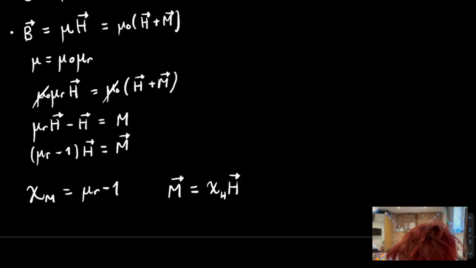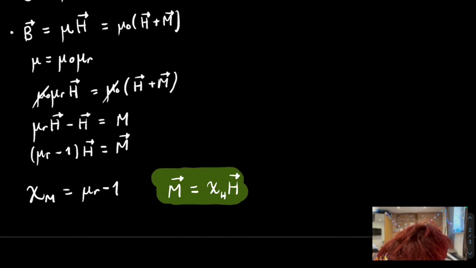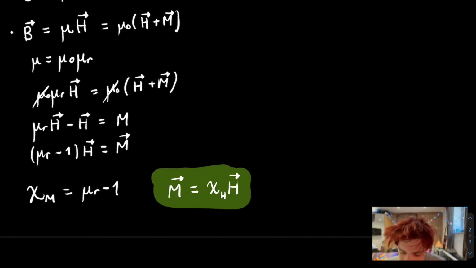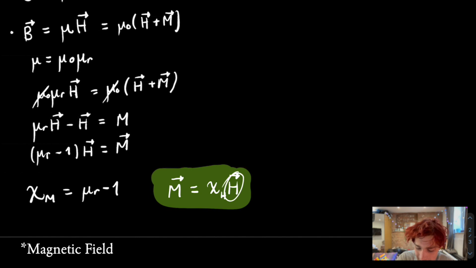This is our result for magnetic materials, and it relates the amount of magnetization you get in response to a purely external magnetic field, because remember, H is purely material independent, and so this relates the amount of magnetization you get to H.